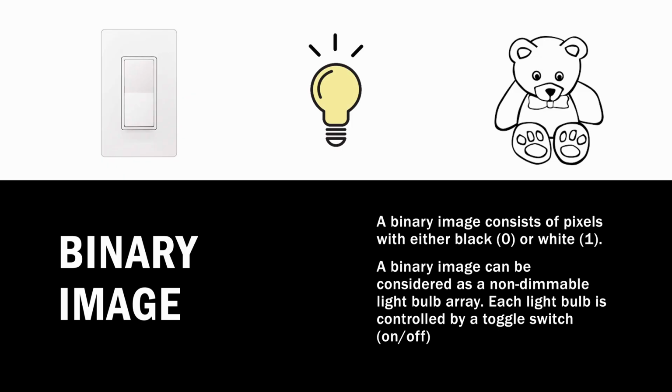Now, when you place many of these bulbs together in an array, each controlled by its own switch, the collection can form a recognizable pattern. For example, by turning certain bulbs on and others off, the panel of lights can create the outline of a teddy bear, as shown in this slide. In the same way, a binary image uses only black and white pixels, yet together they can form shapes, letters, and meaningful images.